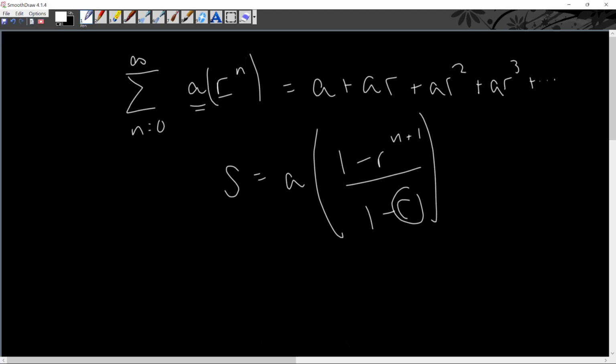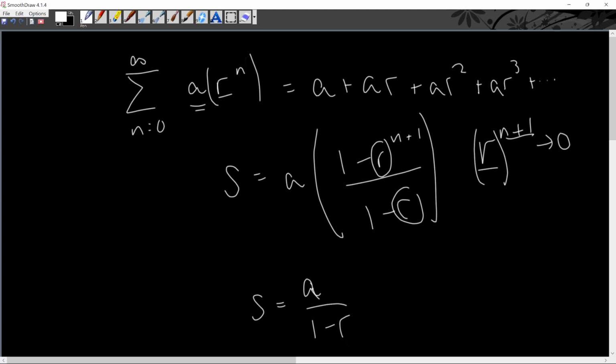So as this r is a fraction whose absolute value is less than 1, r to the n plus 1 will go to 0, right? You'll be having a fraction that is less than 1 to a very high value, n plus 1. And so you're going to get 0, which means that the sum for our geometric series, our infinite series, is just going to be a over 1 minus r.